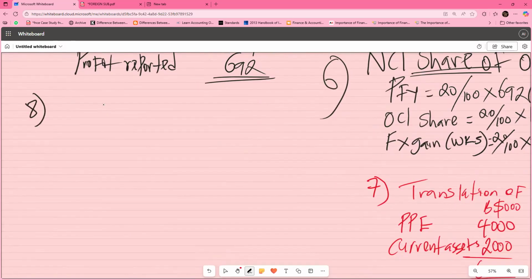So in my working 8, let's do the NCI. Just like you should know, NCI at acquisition. What is the NCI at acquisition? I think it's given.